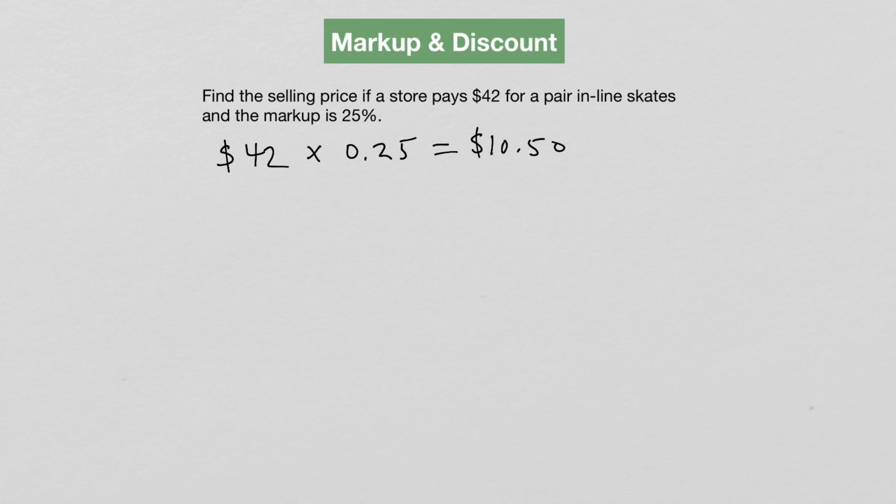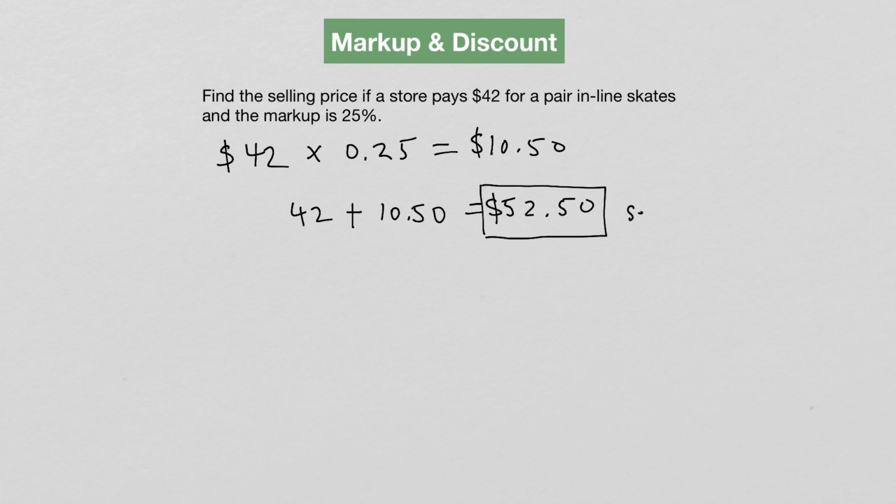So then the final price becomes 42 plus 10.50, which is equal to $52.50. So $52.50 is our selling price. Okay, so this is method one.